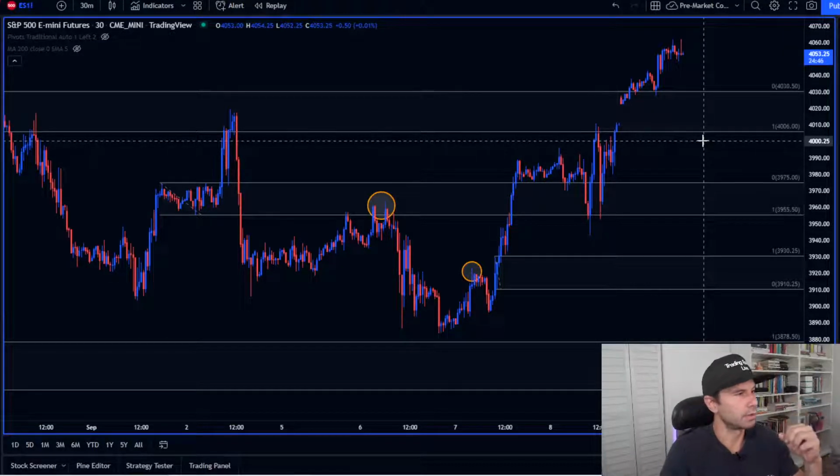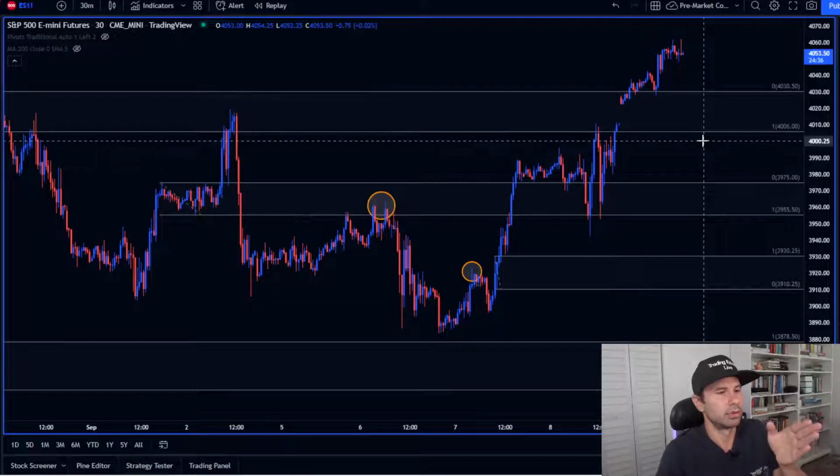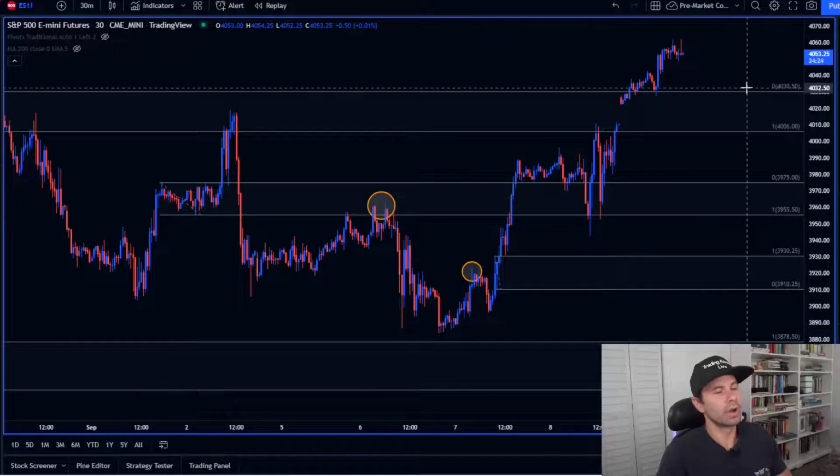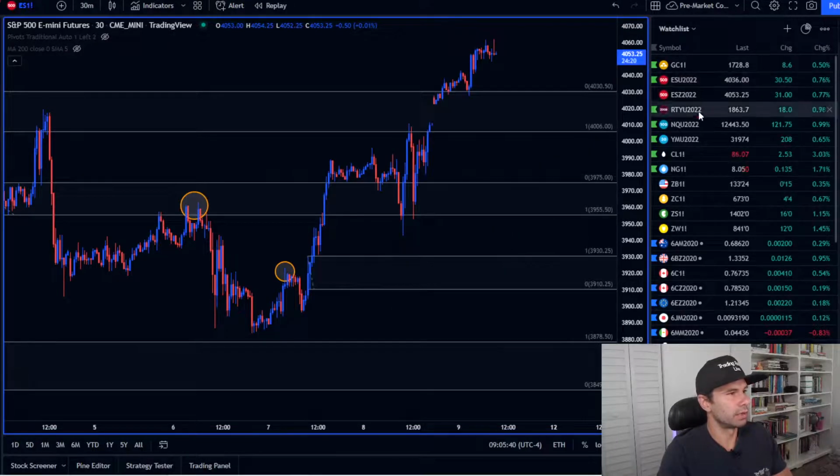Let's say I have ESU22, the contract for September, and ESZ22, the contract for December. The one that has more volume is the one I'm going to trade. But if you don't have TradeStation, you can do it even here.